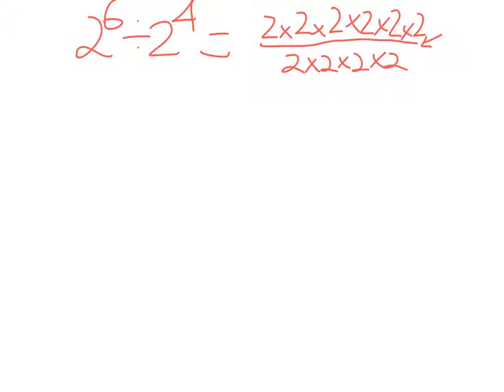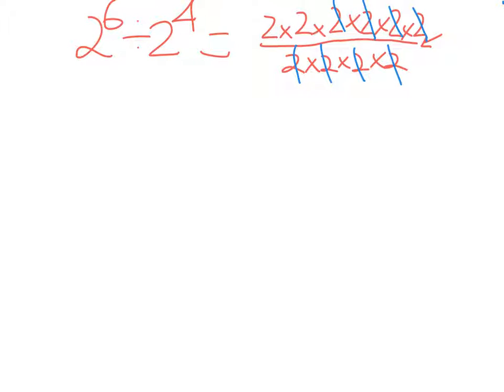Okay. Now, hopefully you also remember that when you have a fraction, you can cancel common factors. You can cancel something that is a factor of the bottom and also a factor on the top. I can cancel some 2's because they appear on the top and the bottom. So I'm going to go ahead and cancel 4 2's on the top and on the bottom.